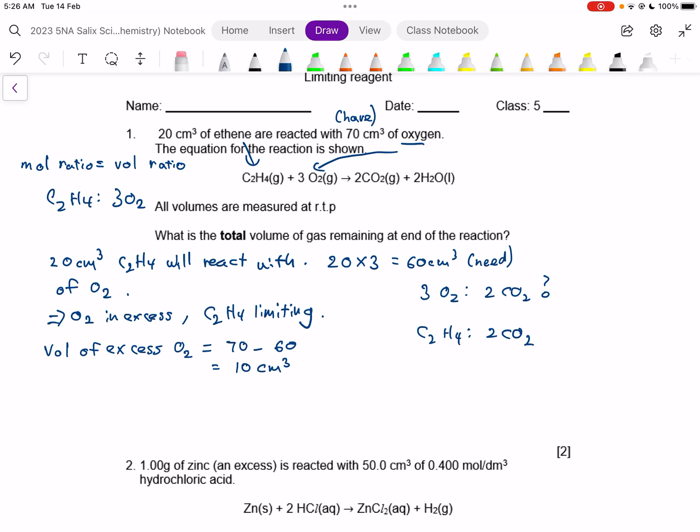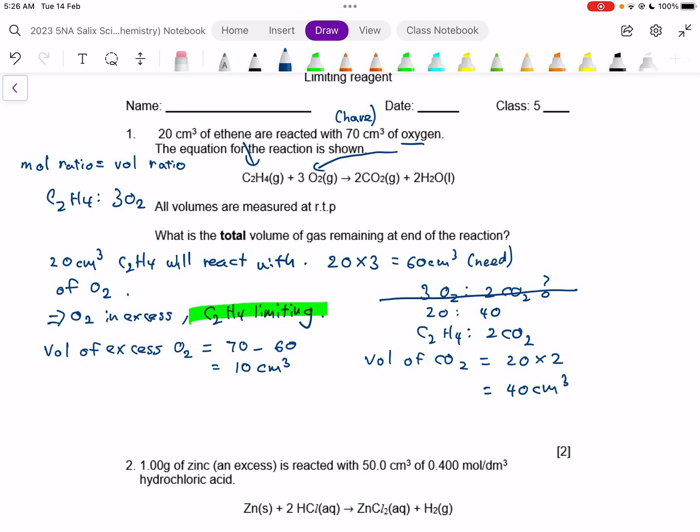The answer is you use the ethene to CO2 ratio, because the limiting reagent is ethene. So the volume of CO2 is based on your ethene. The ratio is 1:2, so you take 20 times 2, which is 40 cm³.